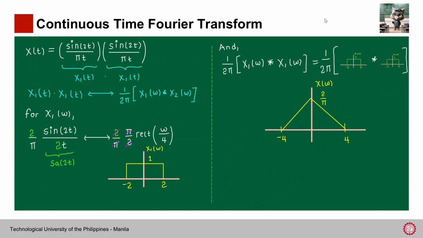Again, saan po nanggaling yung 2/pi? Yung height kasi, guys, is product nung dalawang 1. So bali 1 multiplied by 1 multiplied by the whole duration, which is 8, over 2. Tapos, multiplied by 1/2 pi kasi may 1/2 pi na factor ka dun sa multiplication property.